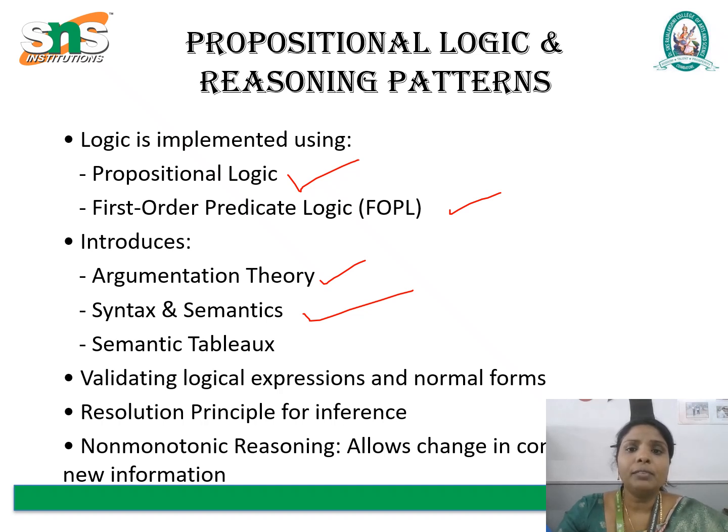One useful technique for checking the truth of logical statements is called semantic tableaux, which is a method of testing the satisfiability of logical formulas. AI also involves validating logical expressions and converting them into normal forms for simplification.